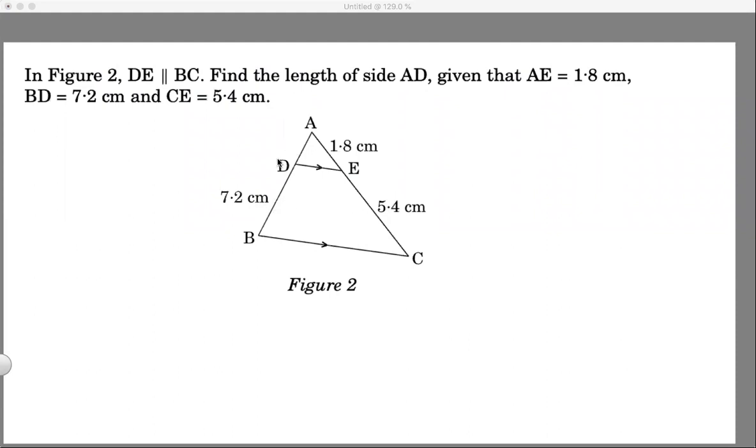So this will be 2.4, right? Or if you want to do it fully, I can say AD by BD is equal to AE by EC. Okay, and then we put all the values, we get this as 2.4.